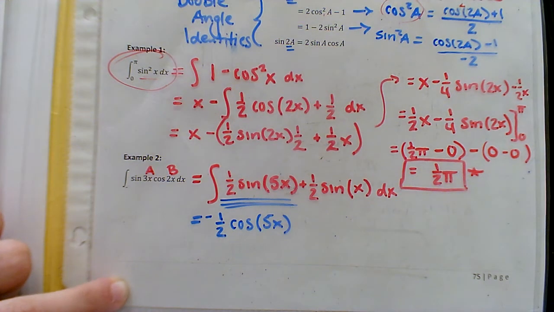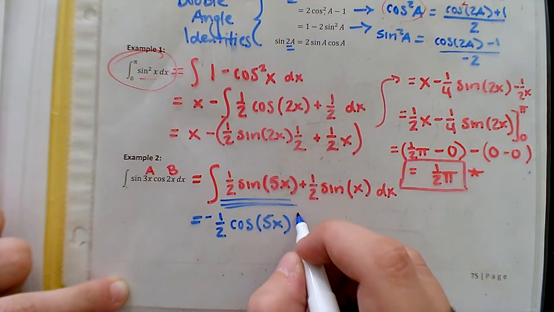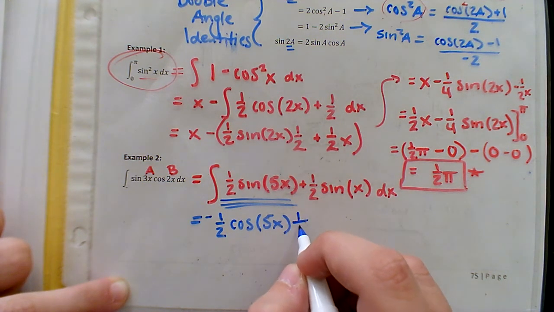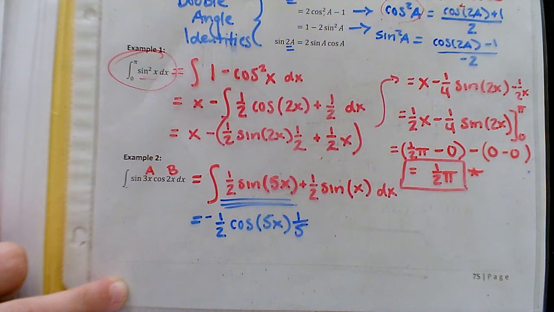We have to keep the inside, but notice how it's a 5x and not just a regular x. So that chain rule idea has to be canceled out. We'd have to multiply by a 1/5, which is the derivative of that inside. So that's backwards from the first term.